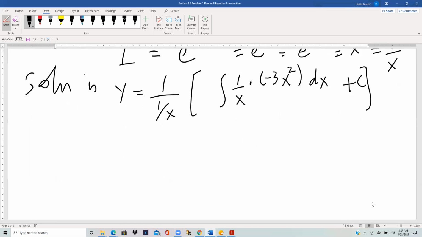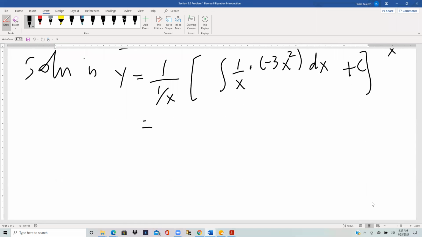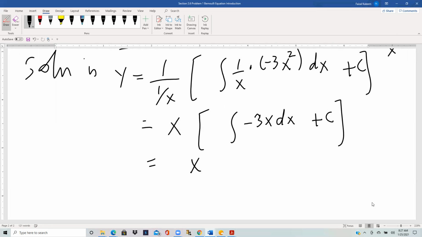And then this simplifies to x times the integral of negative 3x, plus c, and that integral is negative 3x squared over 2.